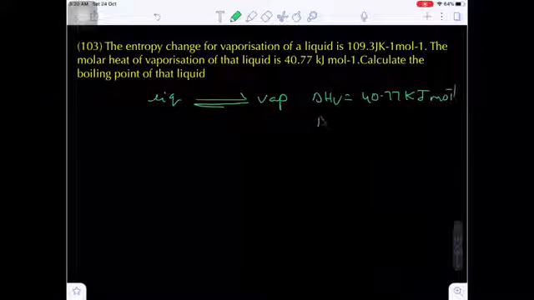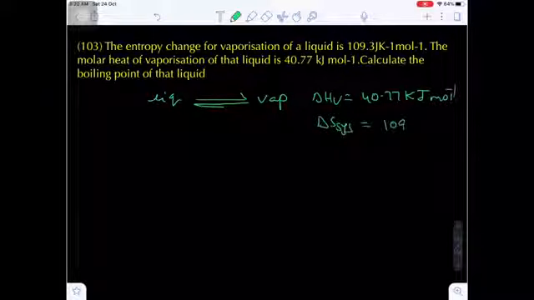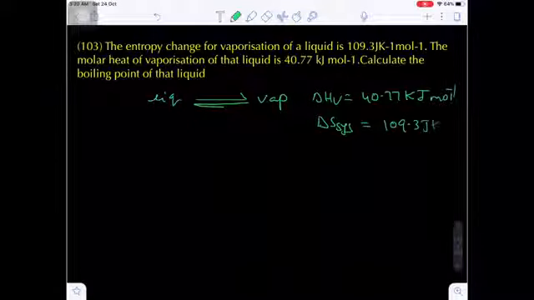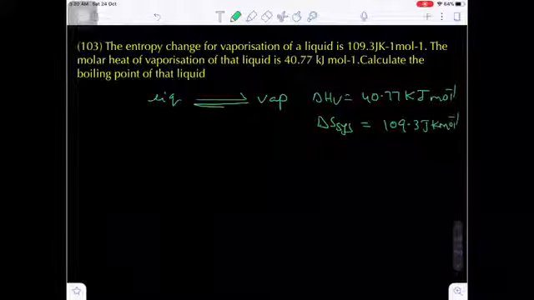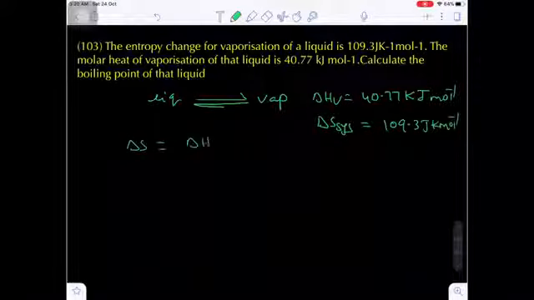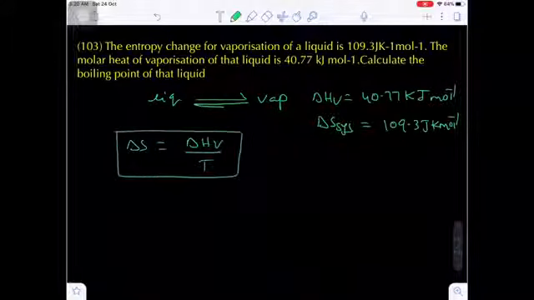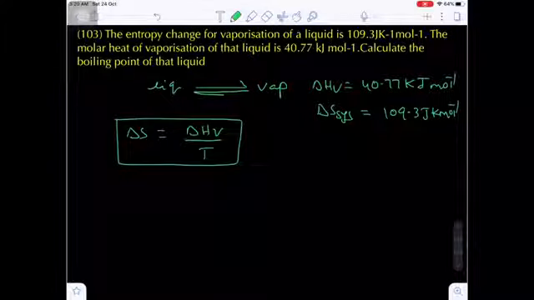And the entropy change of the system is given as 109.3 joule per Kelvin per mole. Are you getting my point? Now delta S will be equal to delta H upon T. Yes or no? Delta H vaporization, T corresponding to boiling temperature.